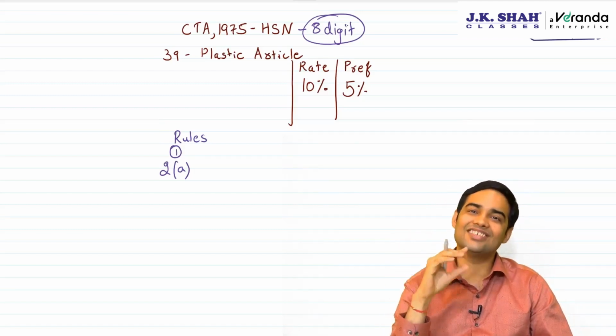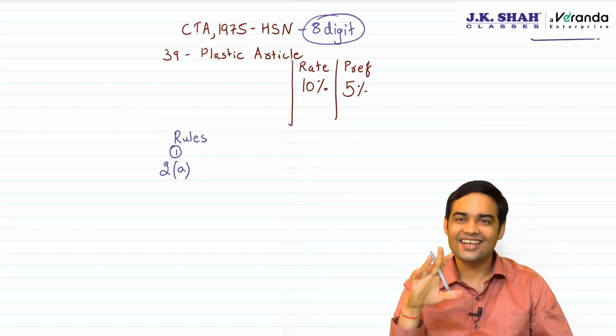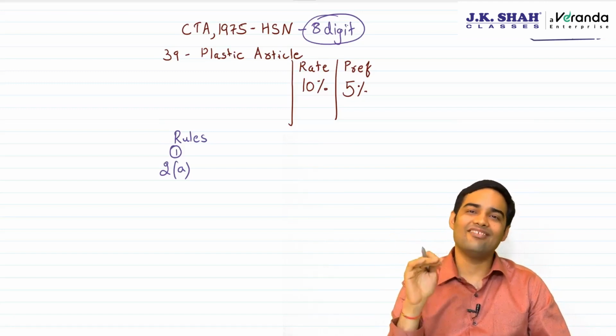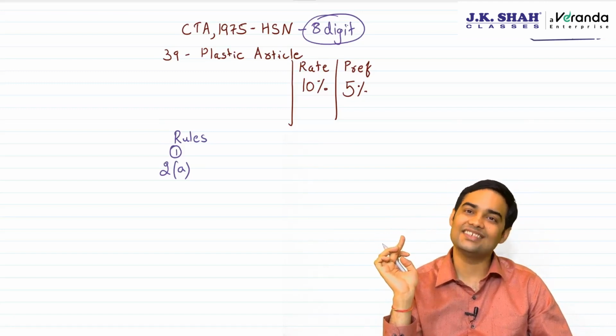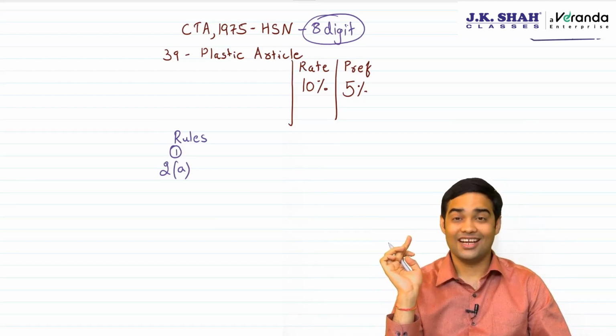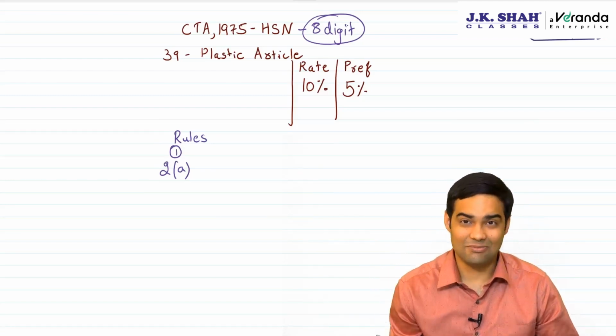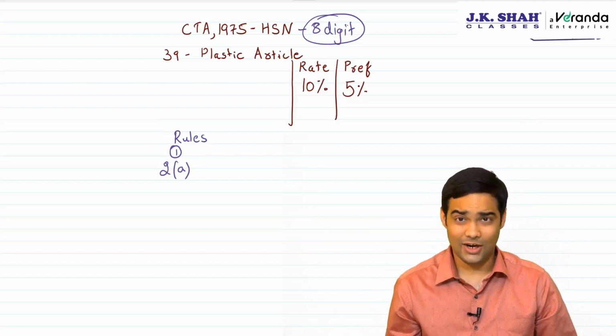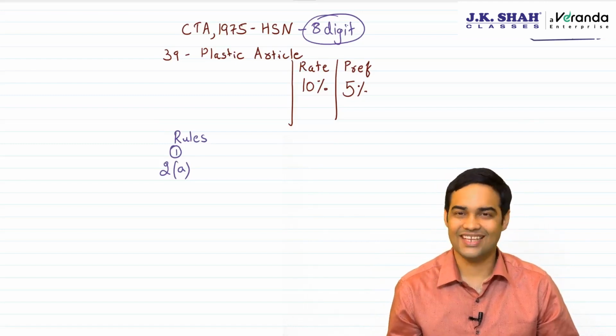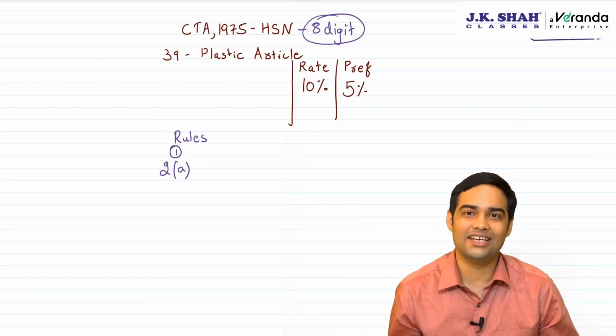A car without tires is still a car. Incomplete product having essential characteristic of a complete product will be regarded as if it is complete product. Now, you cannot save custom duty by saying that car without tires is not car, so I will not pay custom duty. That's not permissible. It will be treated as if it is a car.